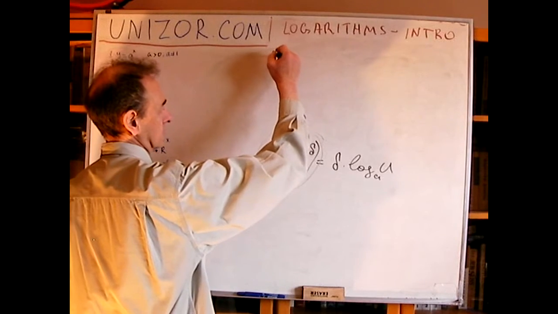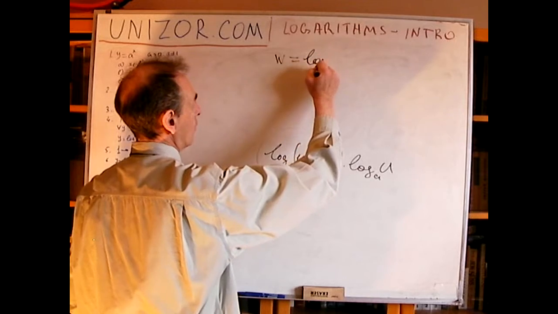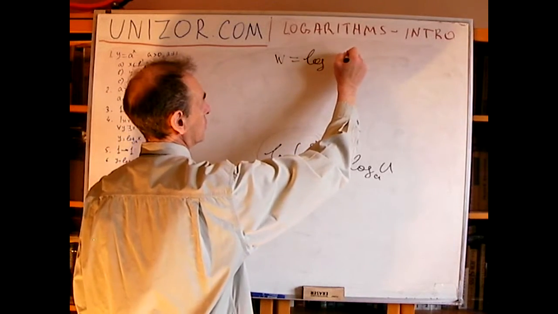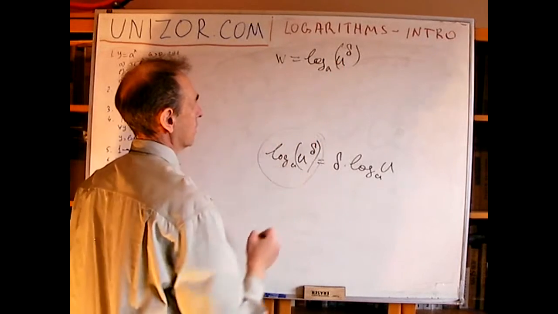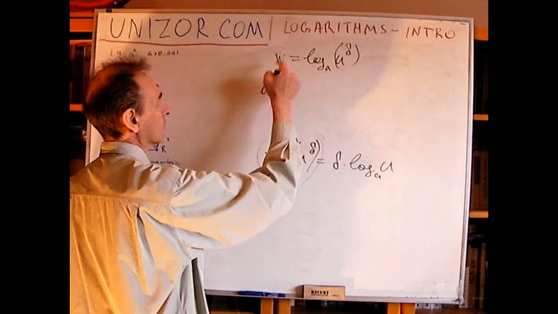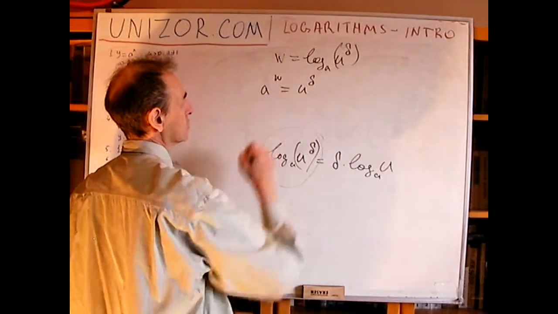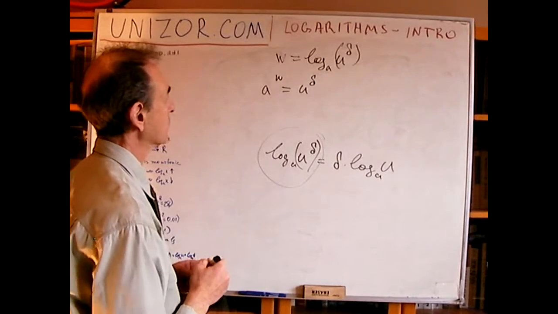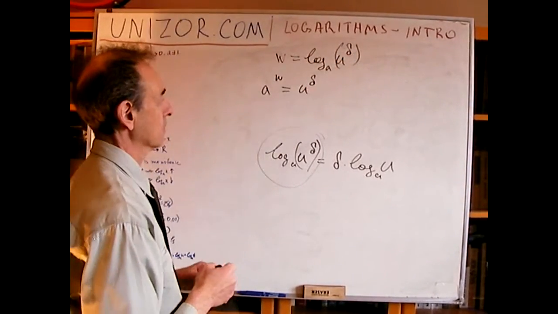Let's call w equal to log u to the power of delta, base a. What does it mean? It means a to the power of w equals u to the delta, right? That's what it means. A to this power gives you the argument.